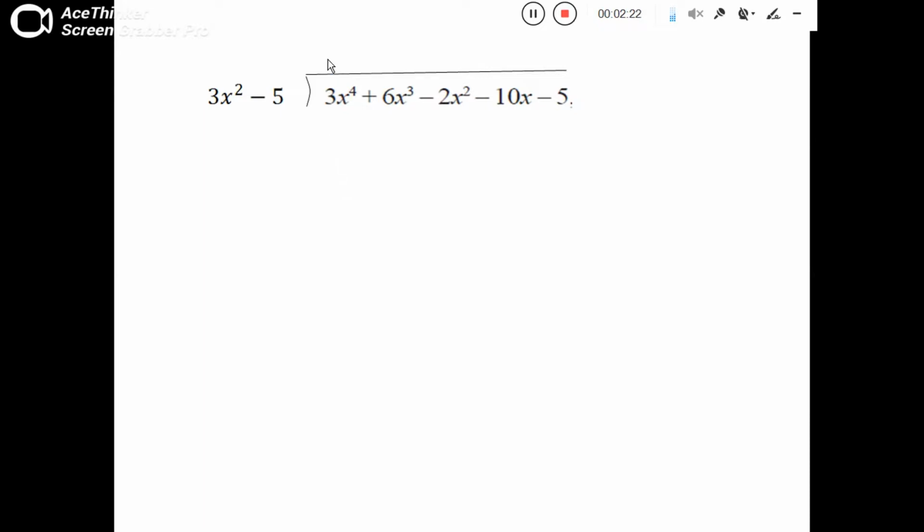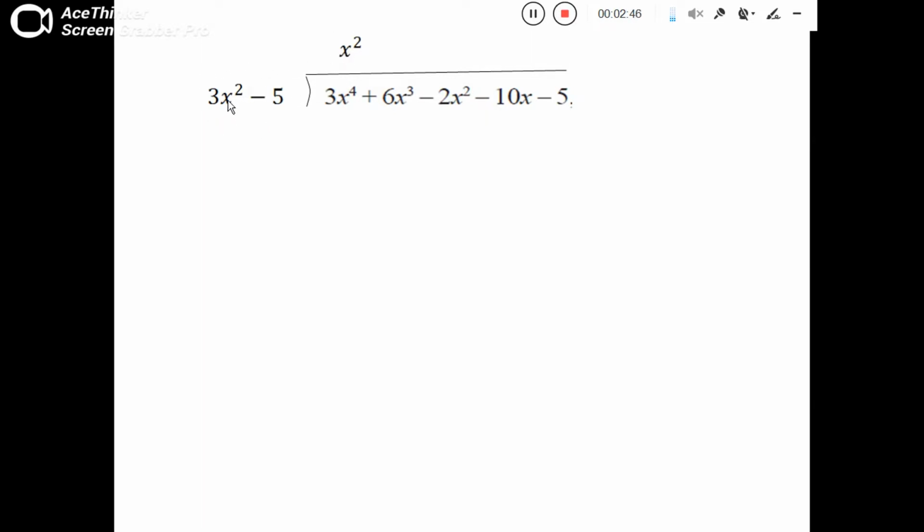So what will be the first quotient? How to find? See the first term of the dividend and the first term of the divisor. This is 3x raised 4 and it is 3x square. Divide it, you will get x square as the first quotient. So x square, first quotient we got. This x square is multiplied in these two terms.